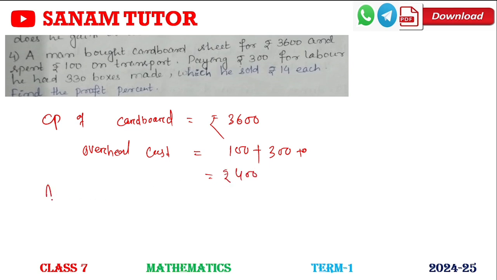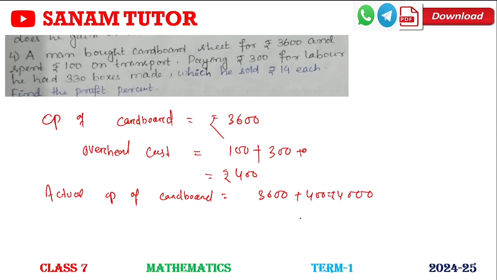So tell me actual CP of cardboard equal to 3600 plus 400, that is 4000 rupees.